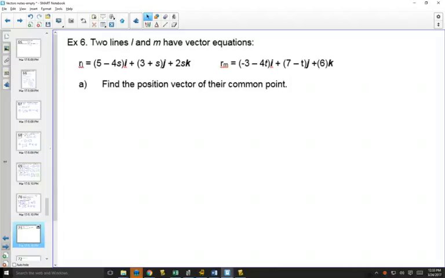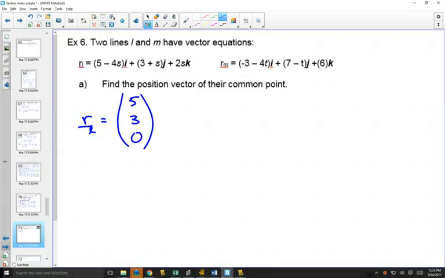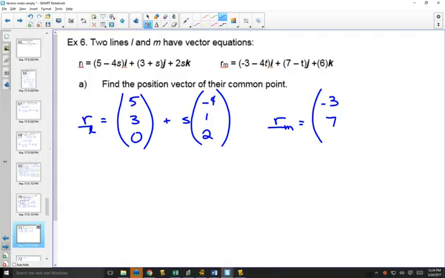So the first thing I find useful is to write out both lines. r_L is (5, 3, 0) plus s times (-4, 1, 2). And r_M goes through (-3, 7, 6) plus t times (-4, -1, 0).